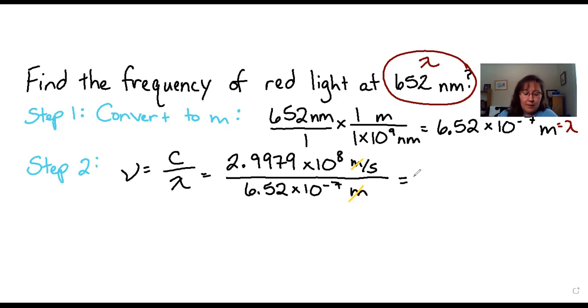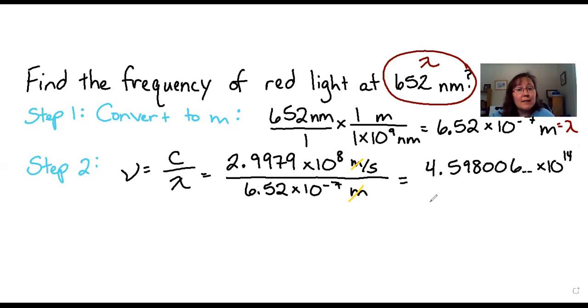2.9979, and I have an EE button, 8 divided by 6.52 times 10 to the negative 7th. When you put that in your calculator, we can have 3 significant figures. So I'm getting 4.598006 times 10 to the 14th.